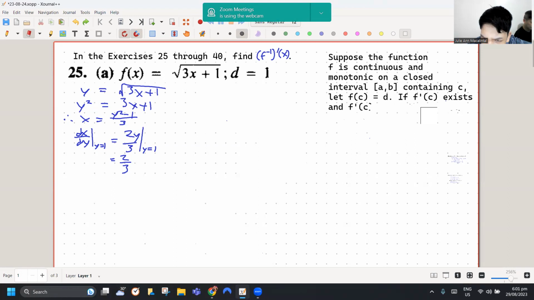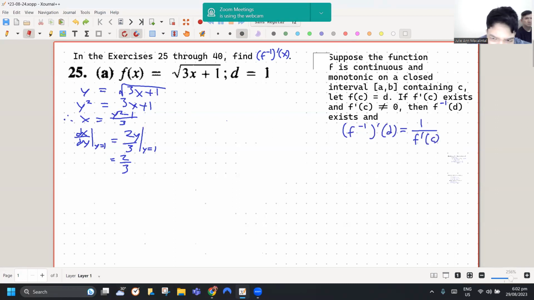If the derivative of f at c exists and is not equal to 0, then the inverse of f at d exists, and this is our theorem: the derivative of the inverse of f at d is equal to 1 over the derivative of f at c, where c is the solution when f applied to it is equal to d. So this is our theorem.